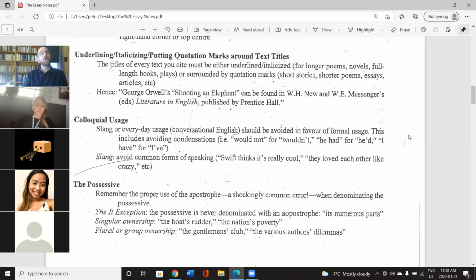Short stories, "Monos and Domenos," should be surrounded by quotation marks when you cite the title. Shorter poems, both "My Last Duchess" and "Elegy Written in a Country Churchyard," should be surrounded by quotation marks. Swift's "A Modest Proposal" should be surrounded by quotation marks. Essays and articles and so on, always.